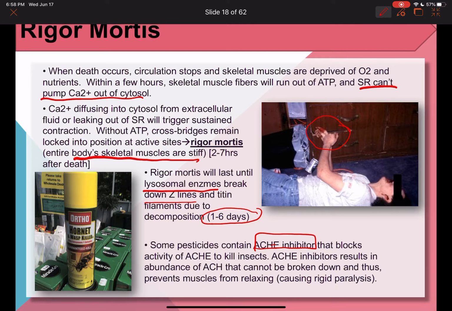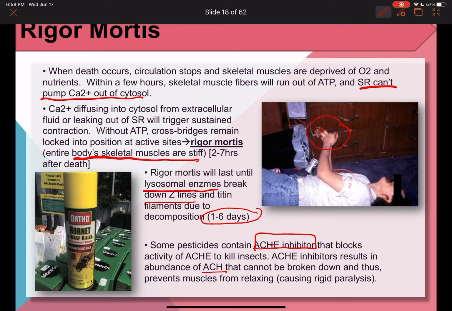And that's why when you are spraying a bottle of pesticide on a little bug, the ACHE inhibitors within the pesticide are what is going to stop the relaxation cycle from happening in the muscle fibers of the insect, okay? So then acetylcholine will be there in the synaptic cleft.